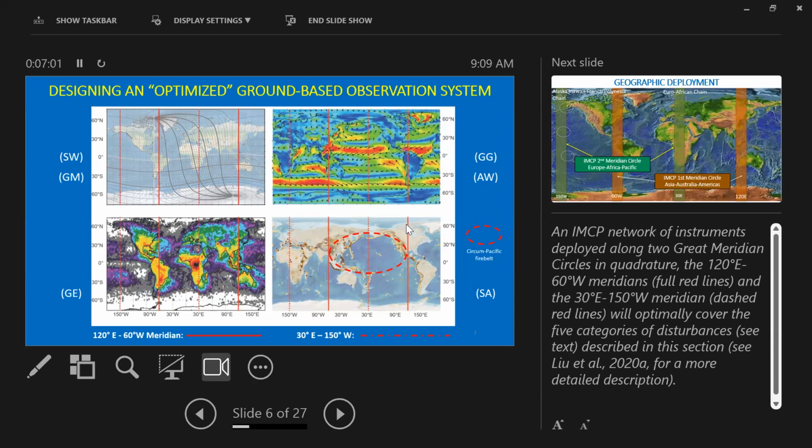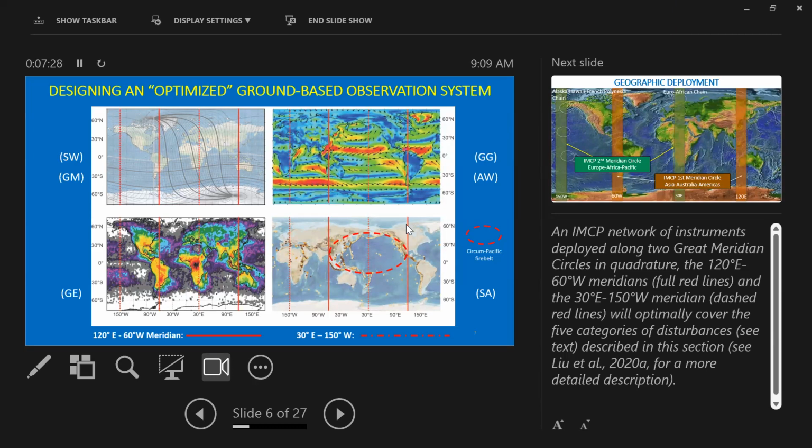In the lower left corner, we see that the maximum in lightning activity over the globe is in Central Africa, and that will be captured by one of the great circles, and in South America, and that will be captured by the other one. And finally, you see that the circum-Pacific fire belt is reasonably well monitored by the main circle, the 120 degrees east, 60 degrees west meridian.